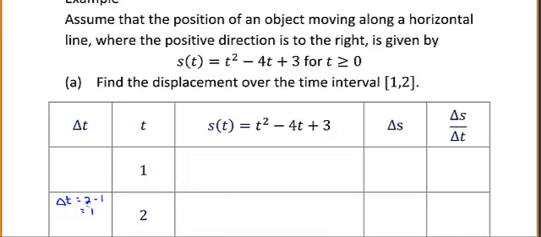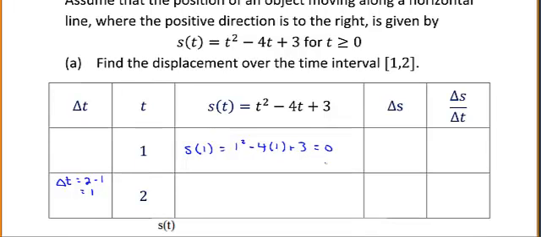All right, the position at 1 is going to be 1 squared minus 4 times 1 plus 3. And so that'll be 1 plus 3 is 4, minus 4 is equal to 0. So at time t is equal to 1, we're at position 0.